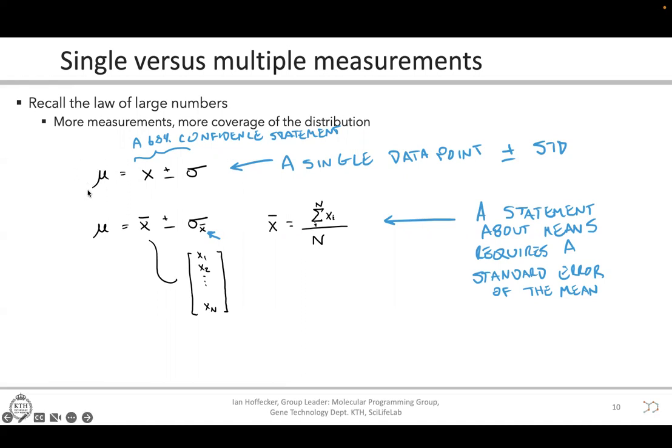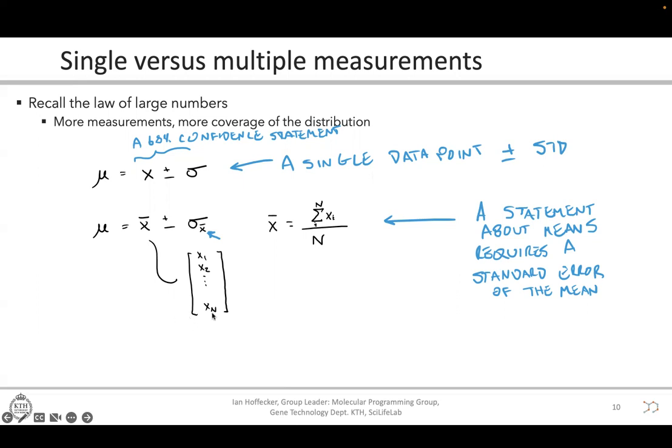We said the population mean, the true value, we believe with 68% confidence is located at X, that it lies within this range, -1 standard deviation to +1 standard deviation, and that is true 68% of the time. And so that's the case for a single data point with a known standard deviation.